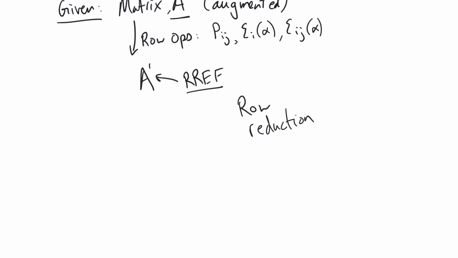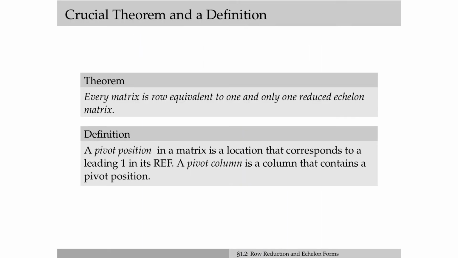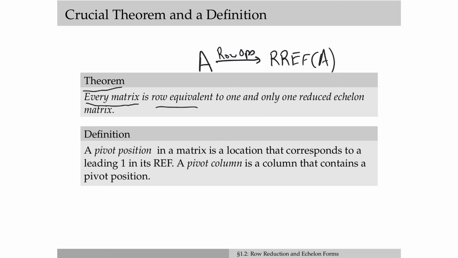Now, we have a theorem that states that every matrix, no matter what matrix I give you, is row equivalent to only one reduced echelon form. So, in other words, given a matrix A, I do row operations on it until I get the reduced row echelon form of A. Well, this is saying that there's only one form of this.